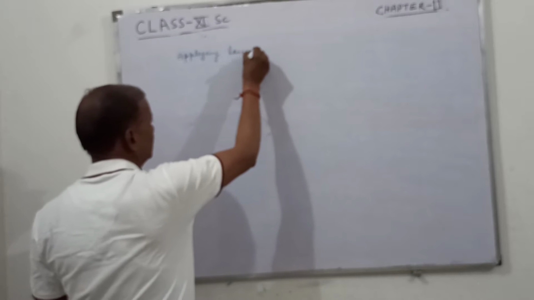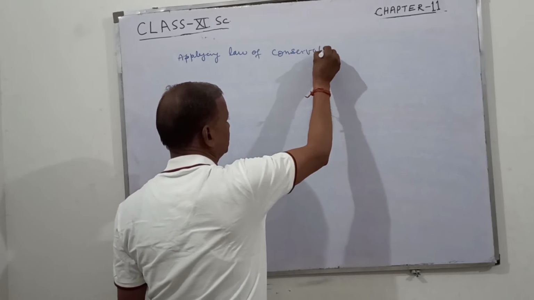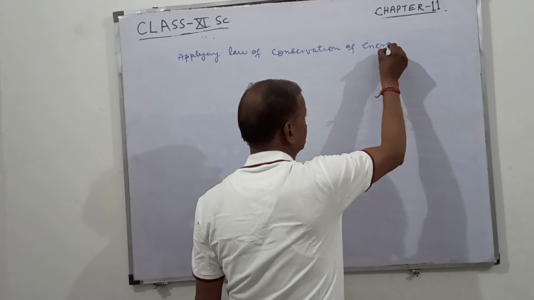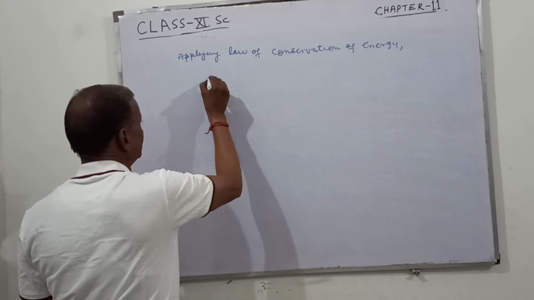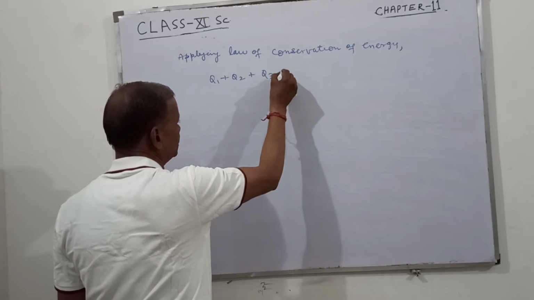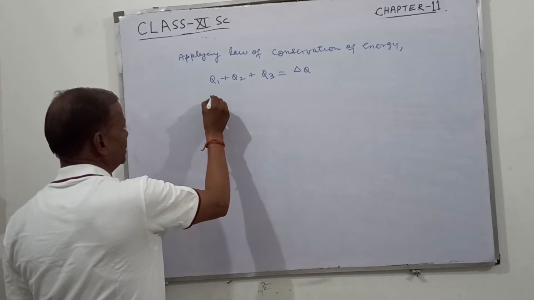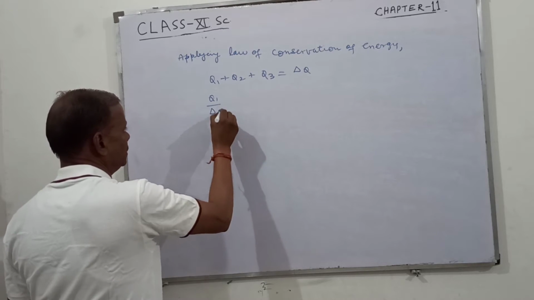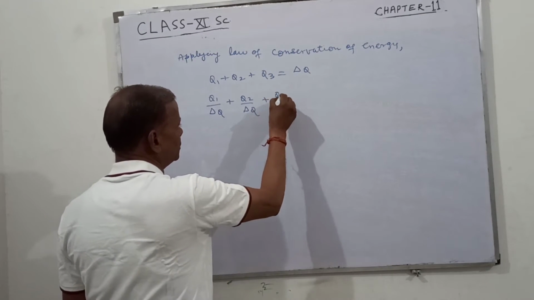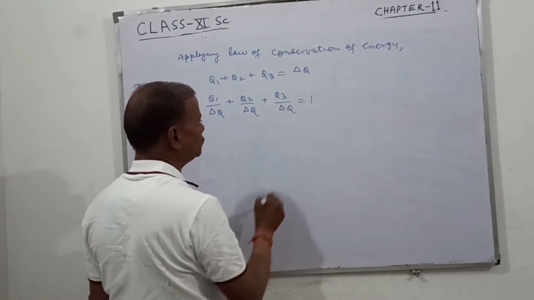Q1 plus Q2 plus Q3 equals delta Q. So we can have Q1 upon delta Q plus Q2 upon delta Q plus Q3 upon delta Q is equal to 1.